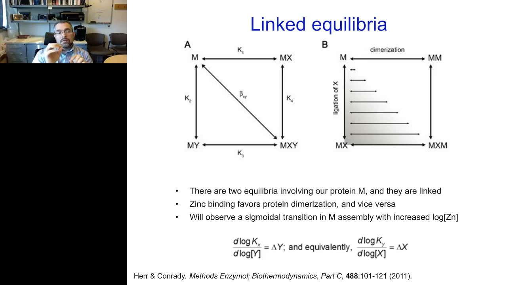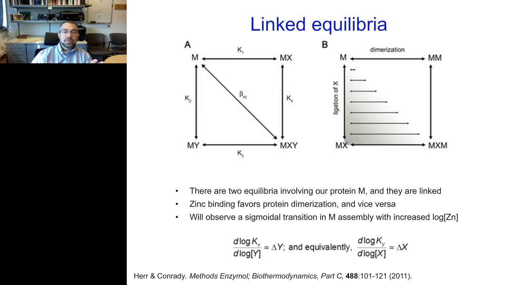But when you have something where the zinc binds and it induces dimerization, that's a linked equilibrium because we have M binding to X, in this case zinc, that is sort of an invisible equilibrium, but that is linked to this highly visible equilibrium of the dimerization.